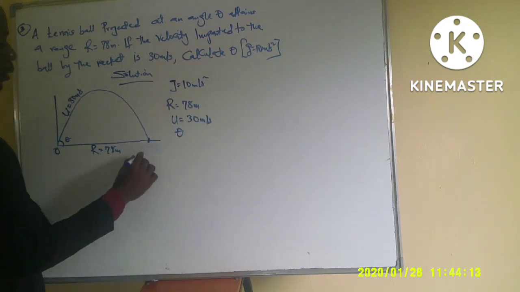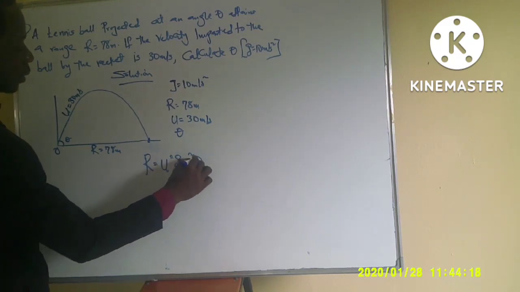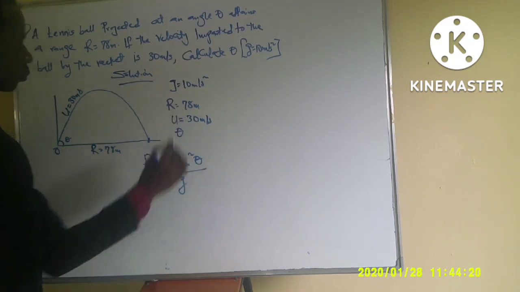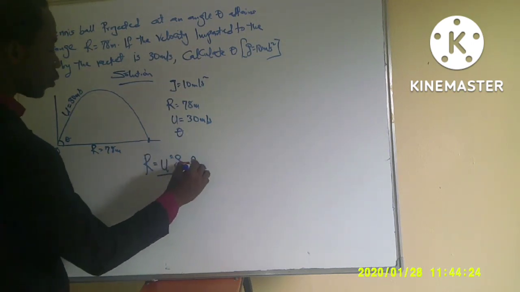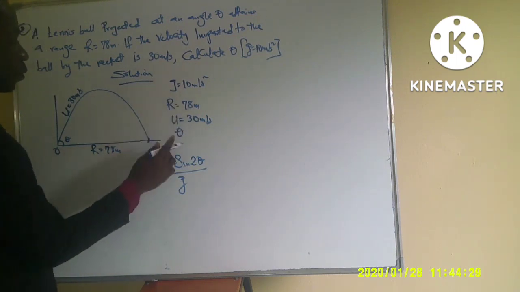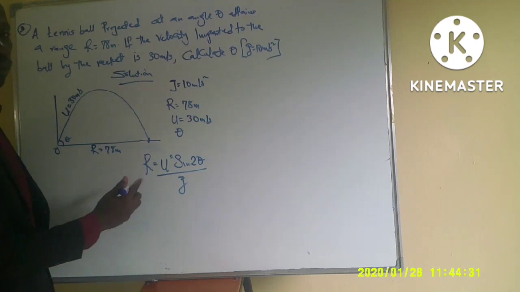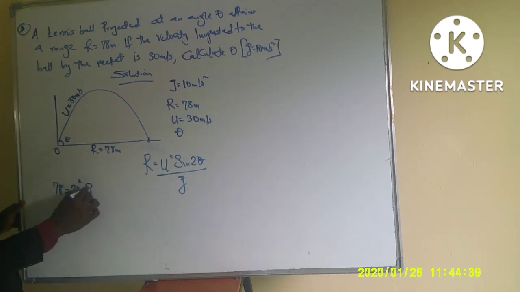So what is the formula for range? R is equal to u squared sine 2 theta over g. Yes, that's the formula. The range is given, so we are looking for theta. Let's substitute all the values. We have 78 is equal to 30 squared sine 2 theta over g, and g is 10.